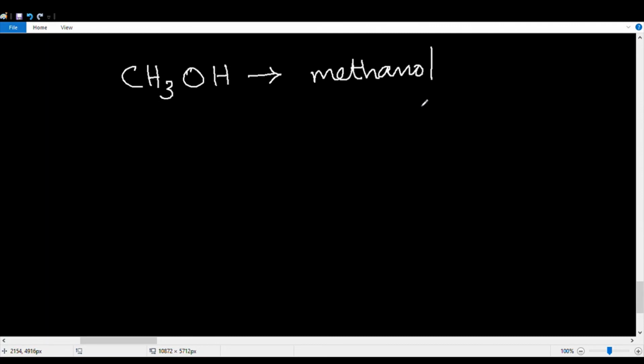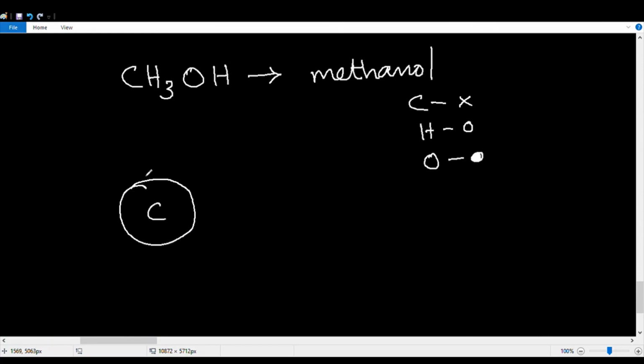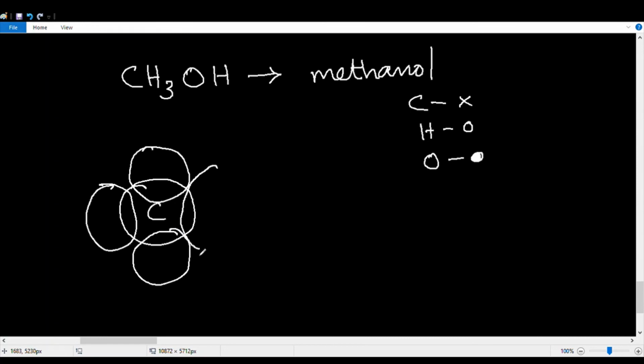Carbon, you can use a cross, hydrogen a circle, and oxygen a dot. So carbon, hydrogen, hydrogen, hydrogen, oxygen, hydrogen.